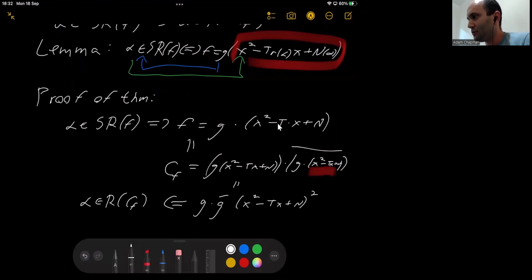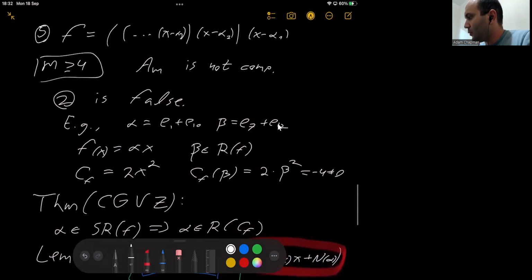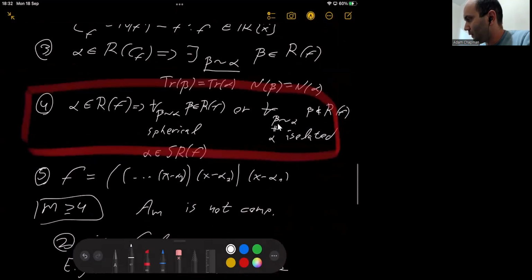Certainly, j is not a root, but j is a spherical root of the companion polynomial, which is x squared plus 1. Easy examples exist already over the quaternion algebra. Okay, so I think that's what I want to say about roots.